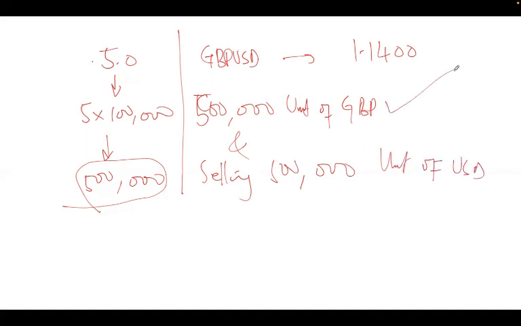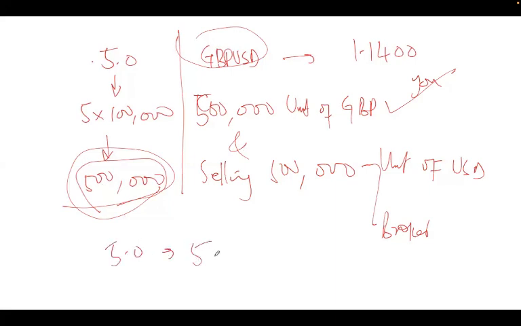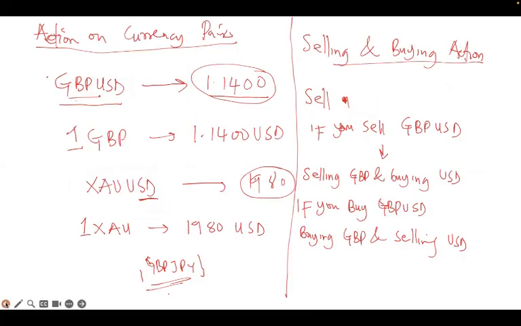You're the one doing the direct, and your broker is the one doing the opposite. So if you're buying this pair using 5 standard lots, this is what the system is going to understand, because 5.0 is 5 times 1.0. So that is basically what this means.